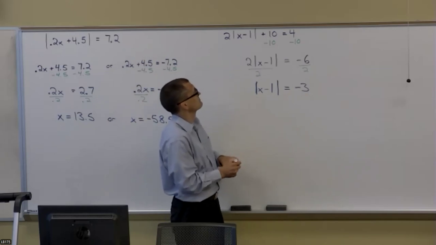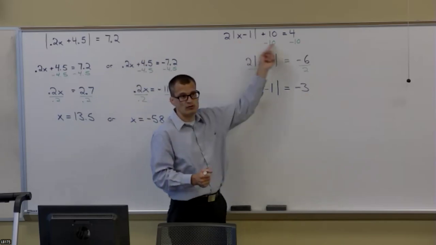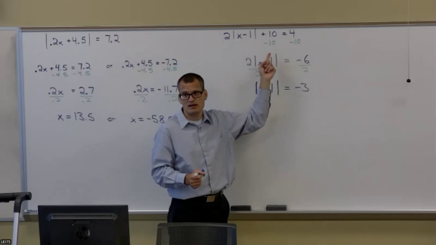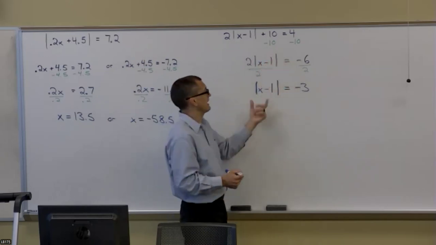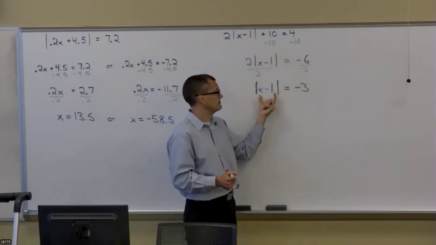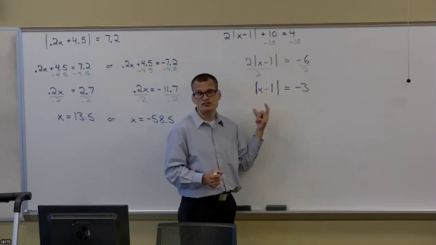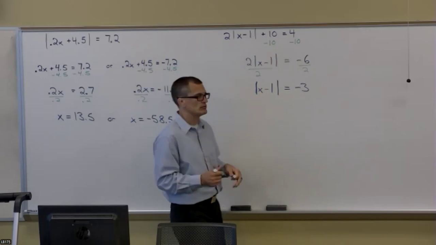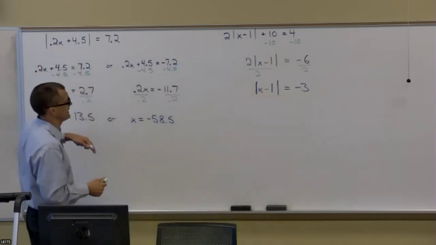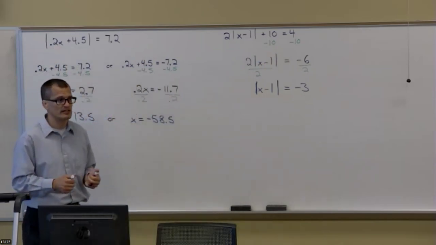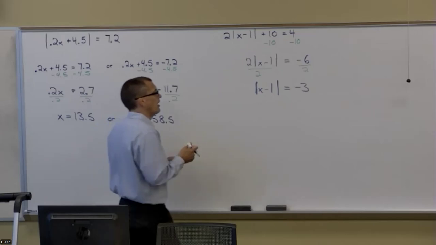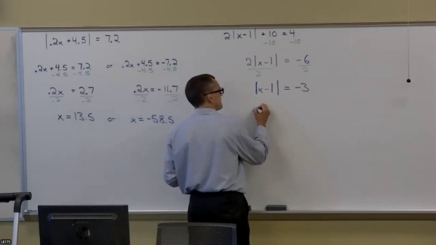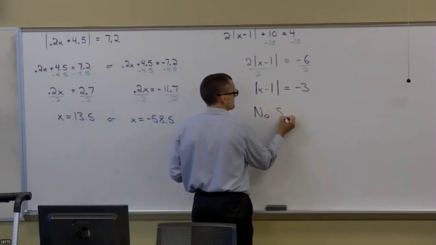But neither of those numbers, when you plug them back in, would have worked. So I always say, at this point, if it's absolute value equal to a negative, just write no solution and be done with it. Don't solve it this way and then try to plug in and see that they don't work. So all I would do from here is say there's no solution.